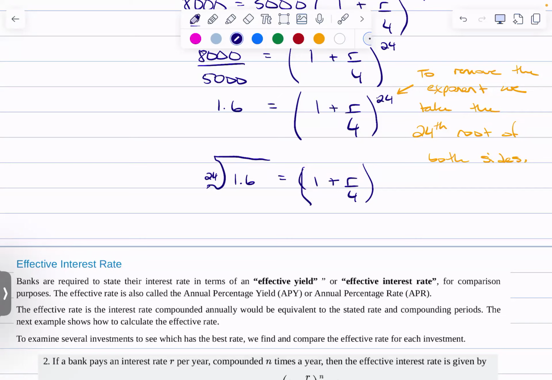We haven't worked a ton, or hardly any, with these powers.